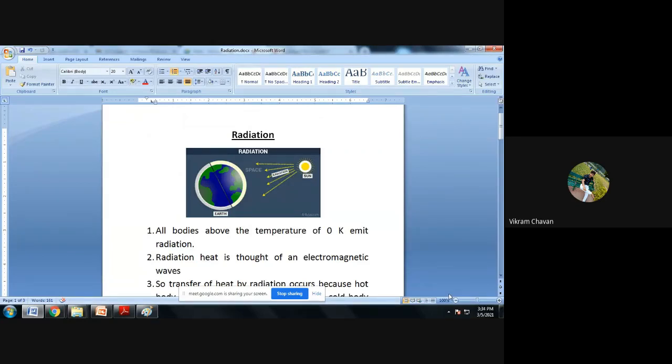Okay, so in the last lecture, we discussed convection: what is meant by convection, Newton's law of cooling governing convection, and the convective heat transfer coefficient.